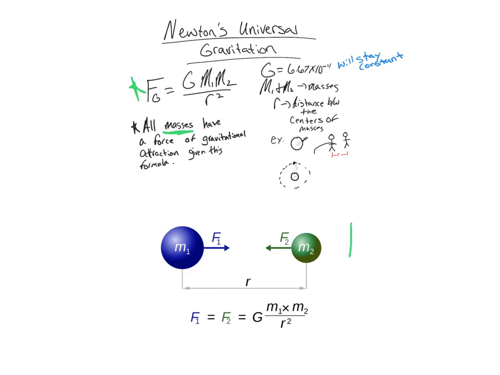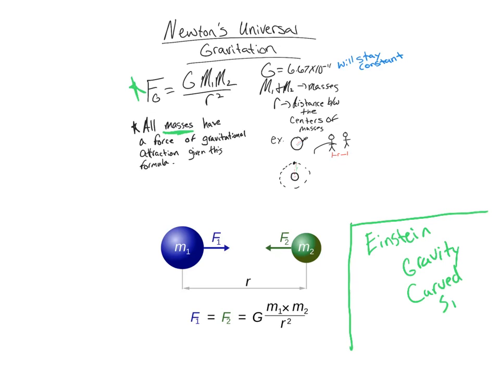And if you want to know more about what Einstein did, just Google Einstein and gravity, and that should give you a lot of stuff. It's a lot about curved space-time. There's some interesting stuff there, but you can do that research on your own. It's very important, but I don't want to go over it in here because it's not necessarily going to show up on the test.